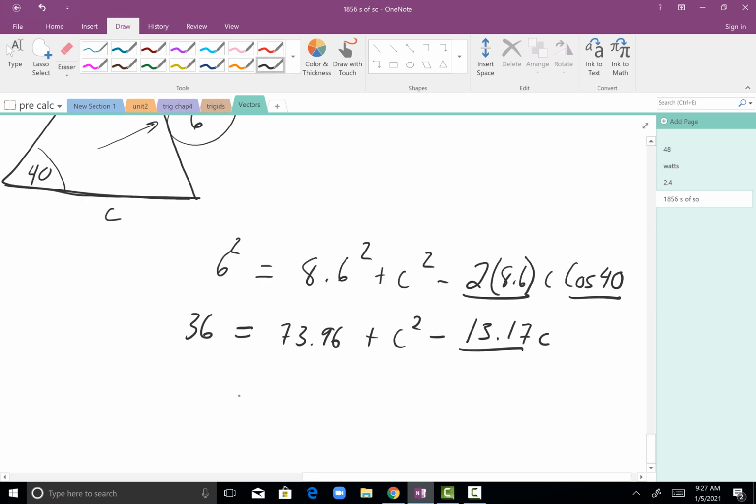So now I'm going to rearrange things so I get into a nice form that I like. Subtracting that, I'm going to get 37.96. So now we're ready to use either, you can graph it, you can quadratic formula it, you can Wolfram.